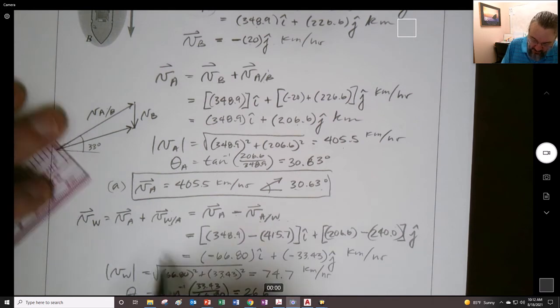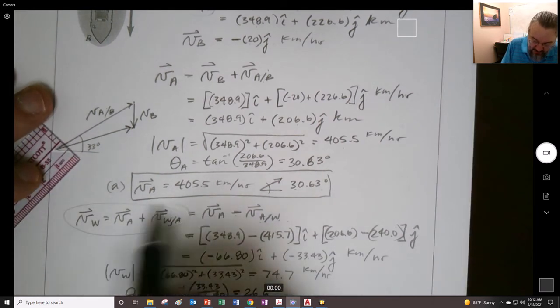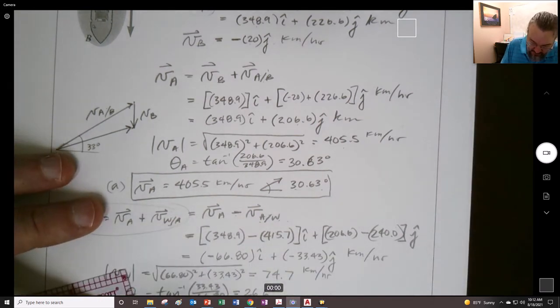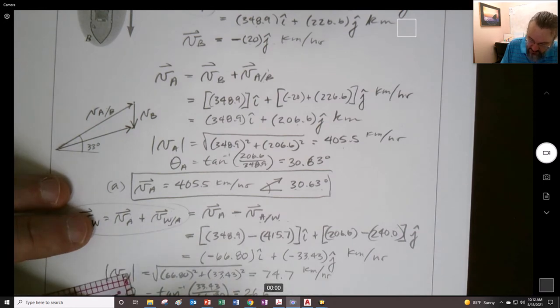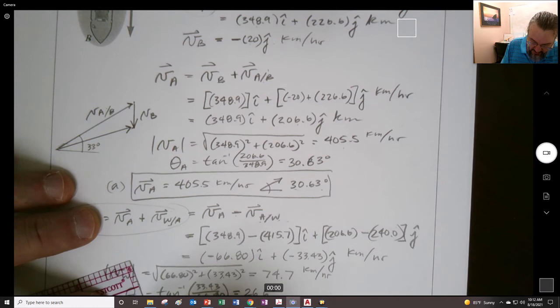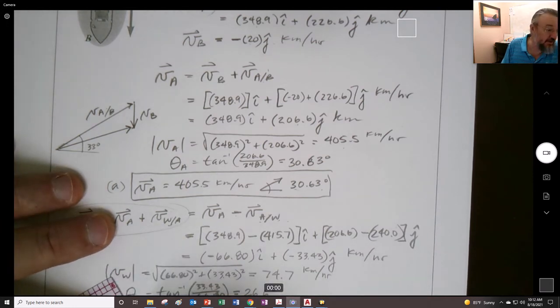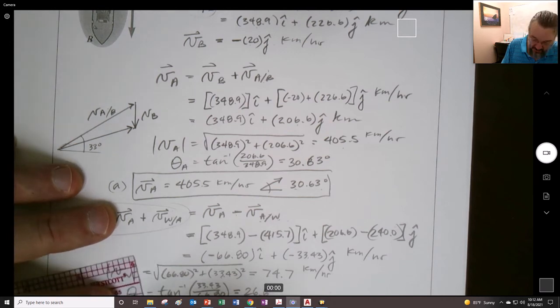The way that I would write out this right in here is the airplane, which is going up this amount right here, plus this wind, which is going to be like something like that right there, right?